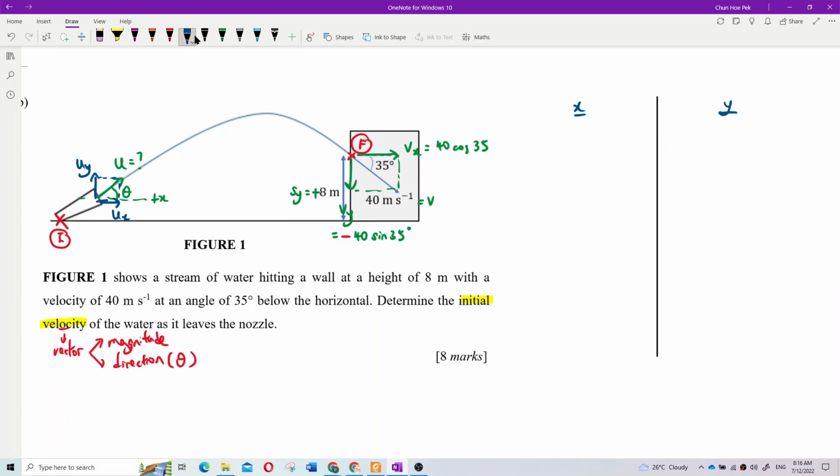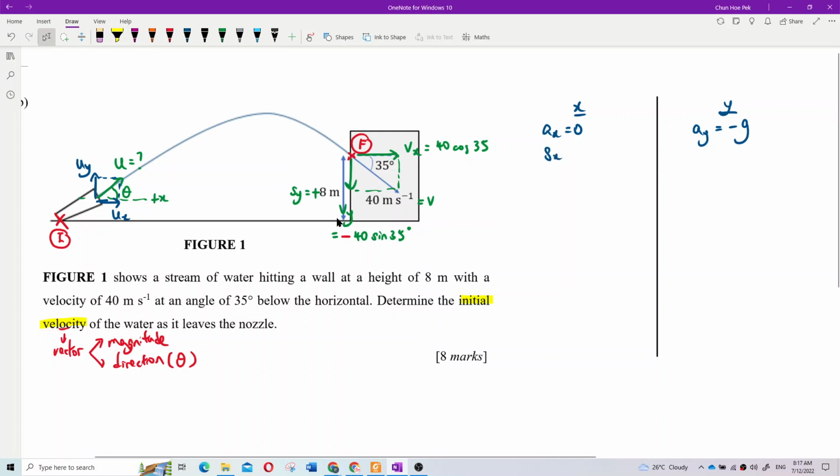First thing we know is ax is always 0 because of constant velocity. ay is negative g because of free fall motion. Then we have sy, positive 8 meters; sx we don't know.